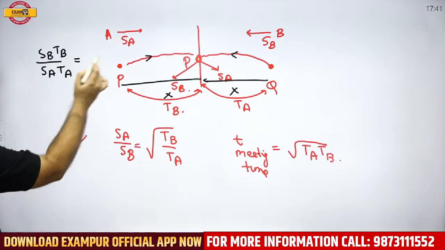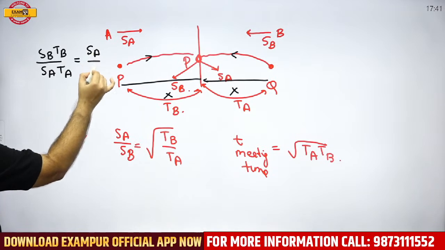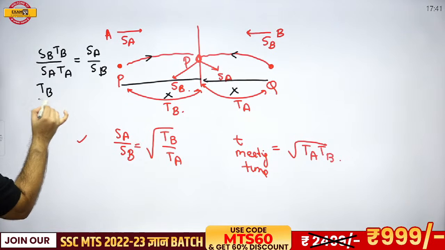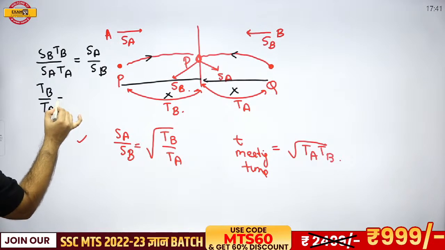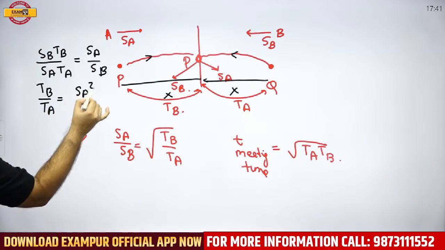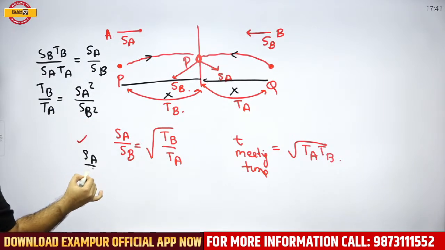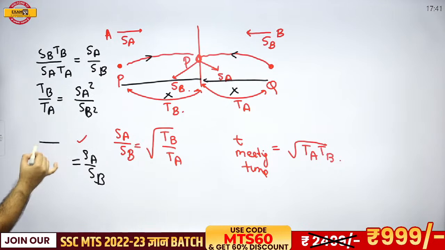They would be in the proportion of their speeds, SA upon SB. Derived. Done. Okay? So TB by TA is SA square upon SB square. SA upon SB is under root of TB by TA.